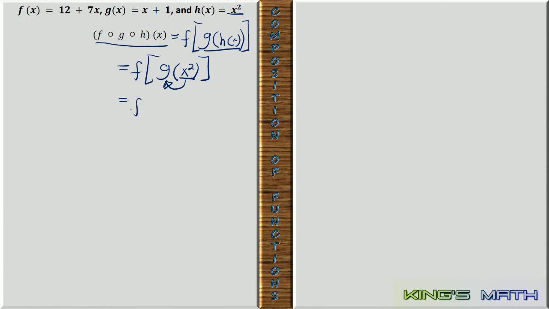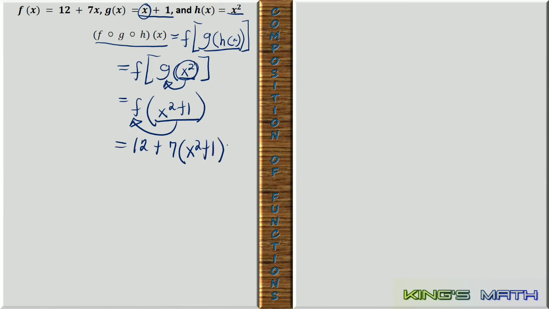And that will be f of, what is g? We have here x plus 1. We're going to change this x with x squared. And that will be x squared plus 1. And then we're going to substitute this one to f. And that will be 12 plus 7 times x squared plus 1.